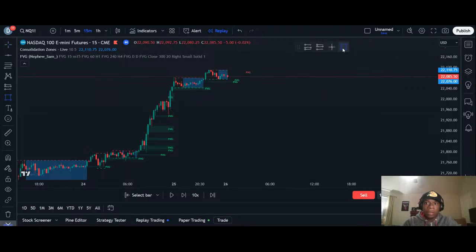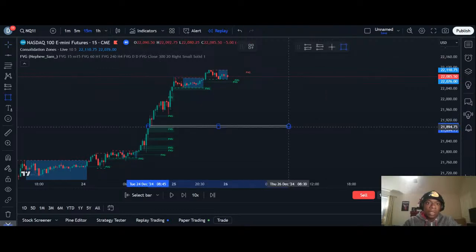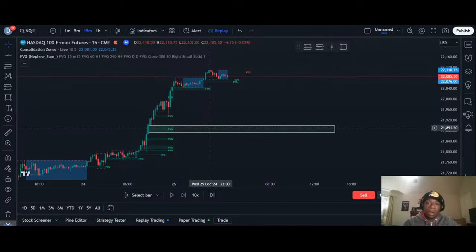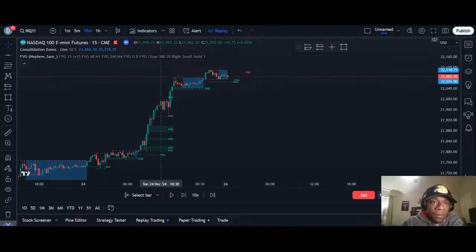A fair value gap, you can either use it as a supply and demand zone, or you can use it as a target zone for your TPs. FVGs are pretty good.